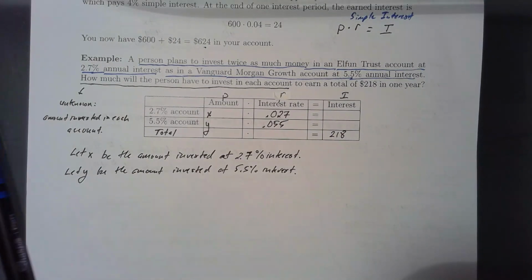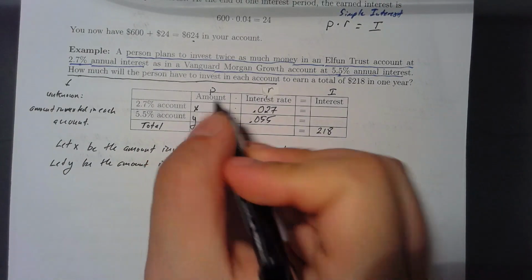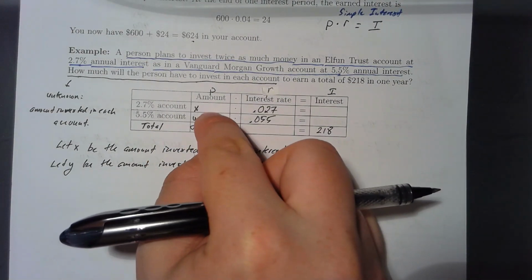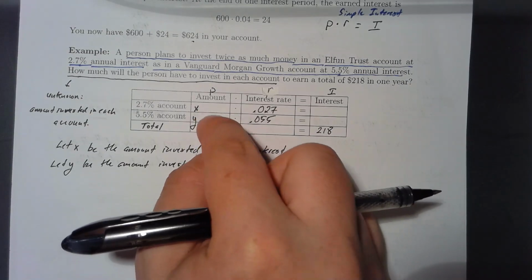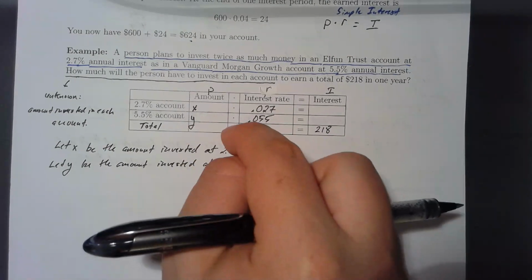So that means the relationship between, they want to invest twice as much money in this account at 2.7% as in 5.5%. So they want twice as much money in here as they do here.